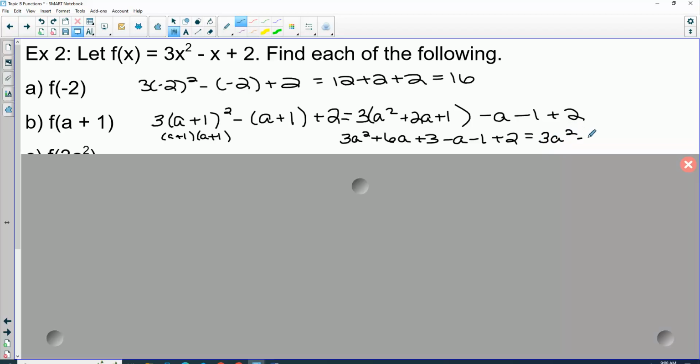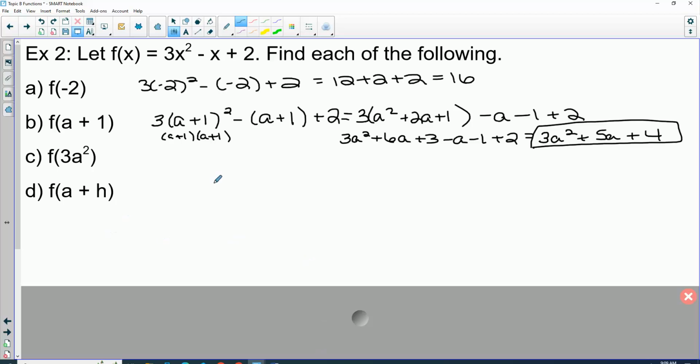So you get 3a squared plus 5a plus 4. So you want to see how I got that? So we don't have to just get a number answer on this. Sometimes it's an expression, still has variables in it.